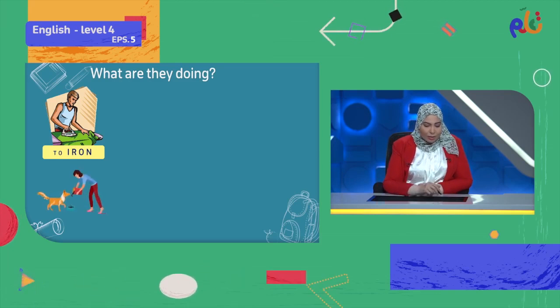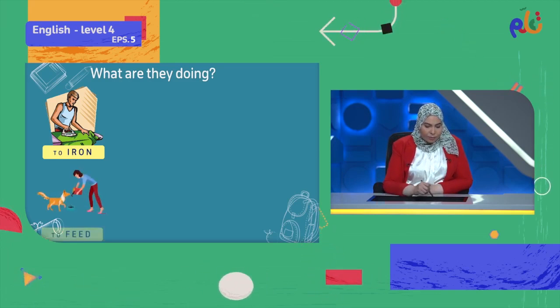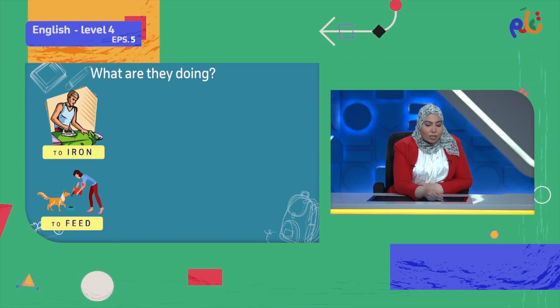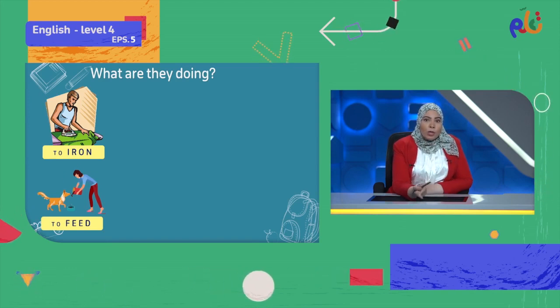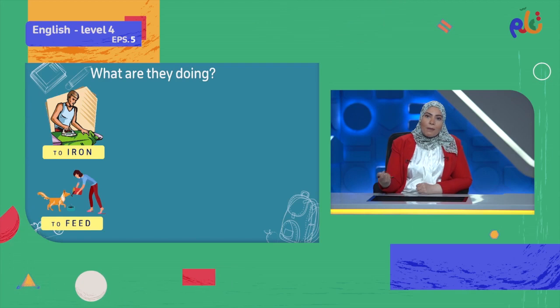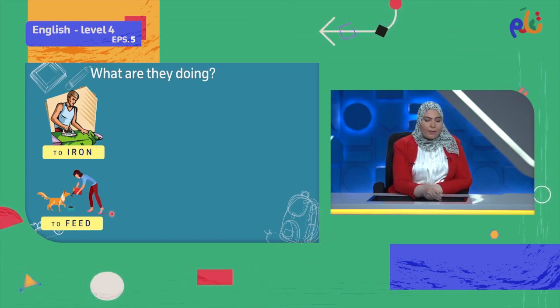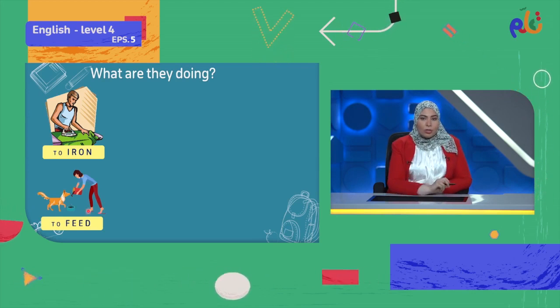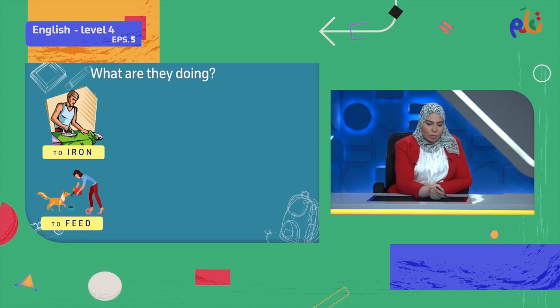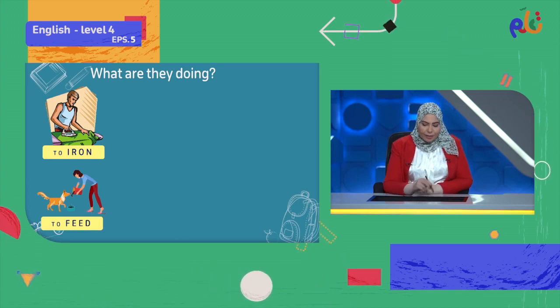And we have another lady here. And the action she's doing, she's putting food for the dog. So when I put food or when I give food to someone, it's called feed. So these are the two situations that we have, or the two actions that we have, iron and feed.